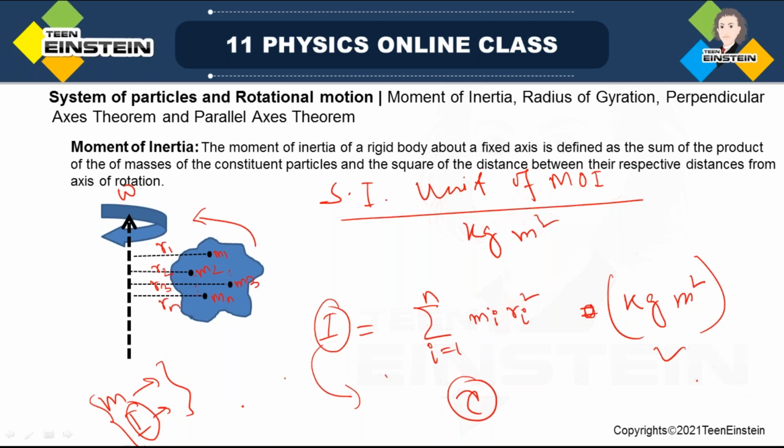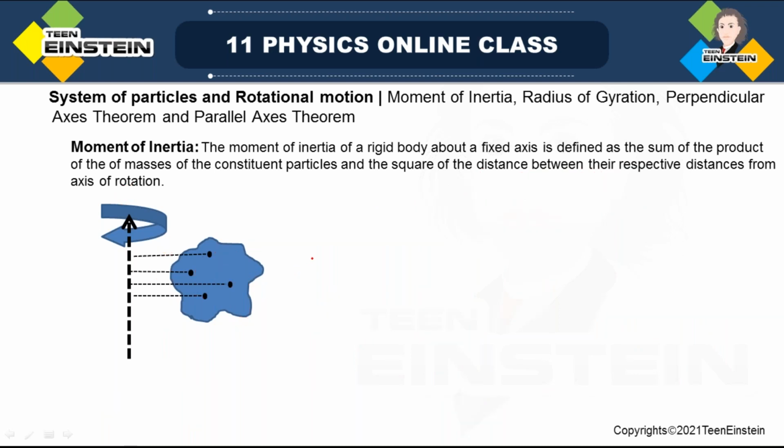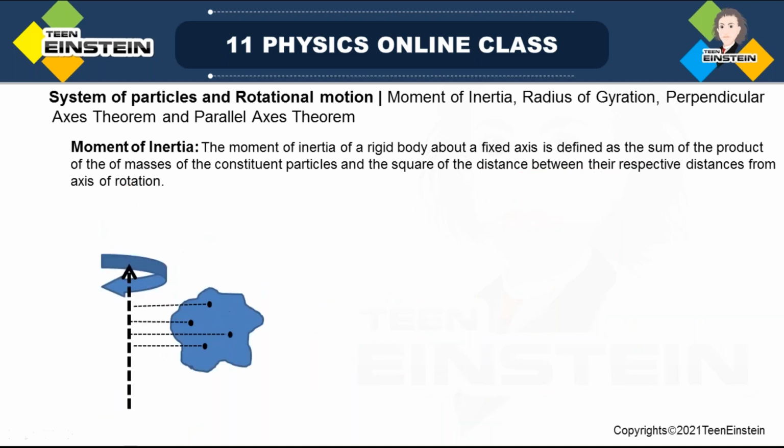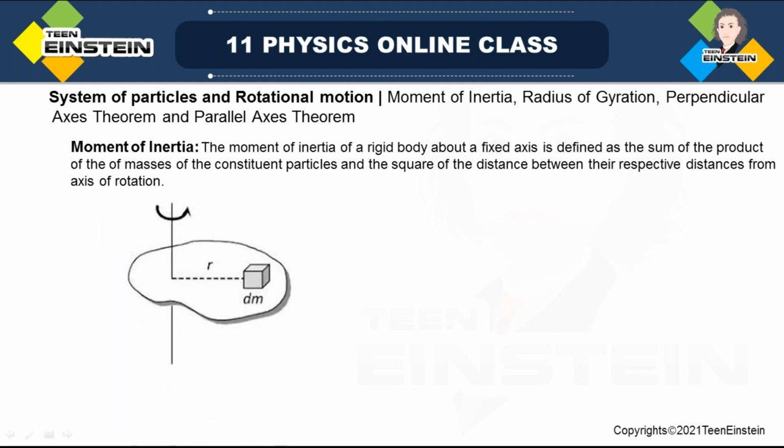Now let me tell you, if your rigid body is not constituted by such discrete particles, if you have a continuous mass distribution, then how do we write the moment of inertia in that case? Suppose you have a continuous object. We have also discussed this during the discussion of center of mass.